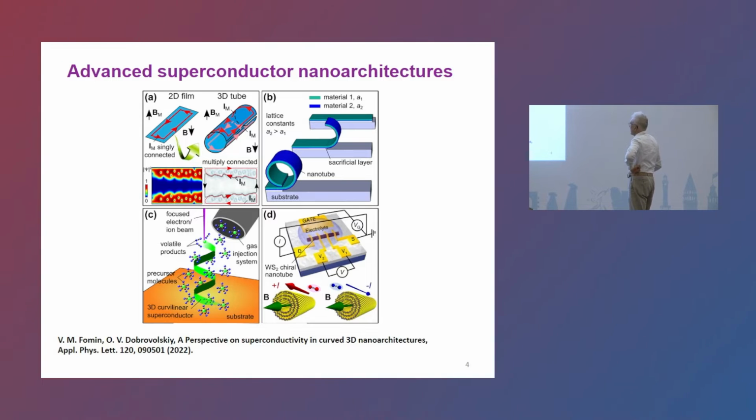What is self-rolling? This is a very short reminder to those of you who are not aware of this approach. Let us take a bilayer of two materials with different crystal lattices and put it on a third layer, which is a sacrificial layer. It's all on a substrate.